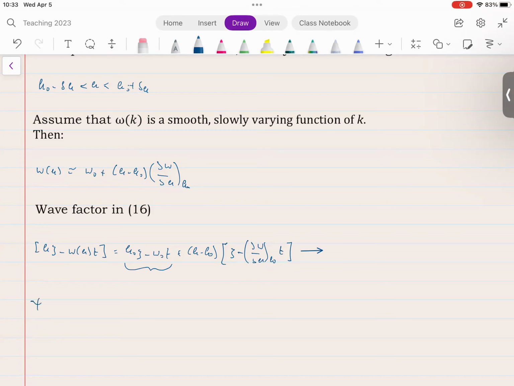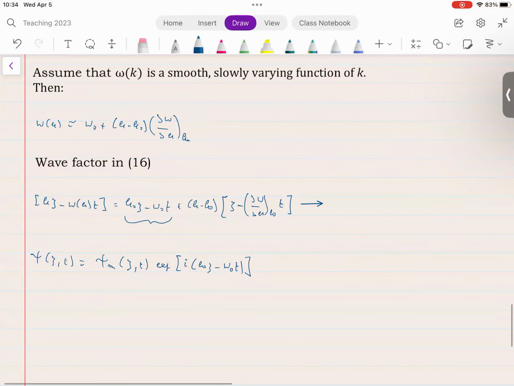Then psi of zeta and t is going to be some psi sub m, I'll tell you what the m stands for in a moment, as a function of zeta and t, times the exponential of i k0 zeta minus omega 0 t. Where psi m is everything else.